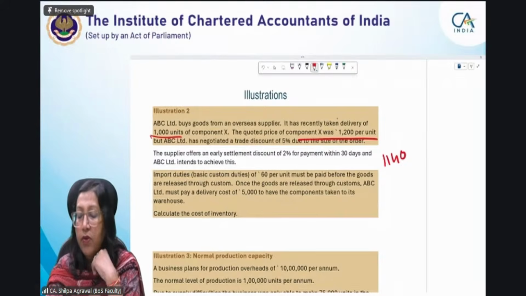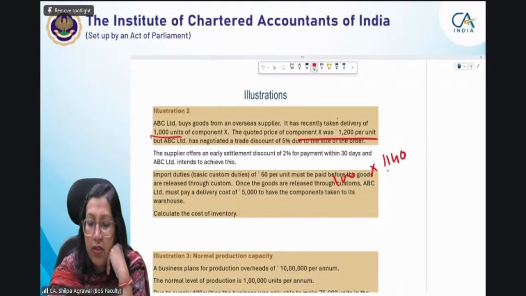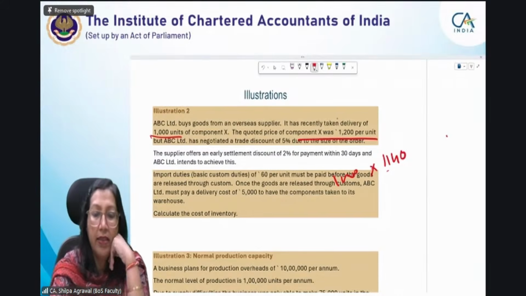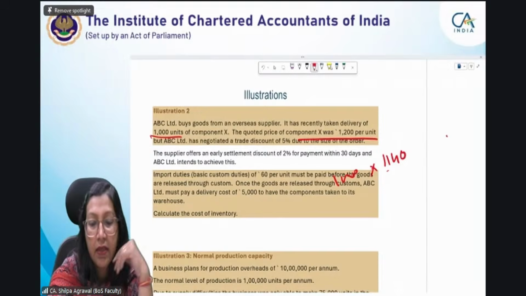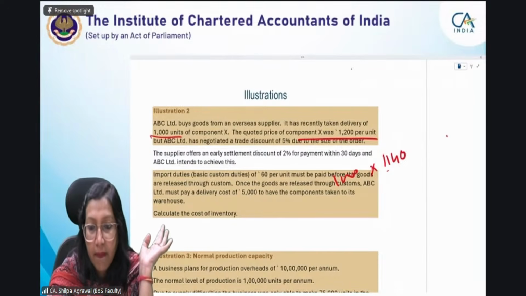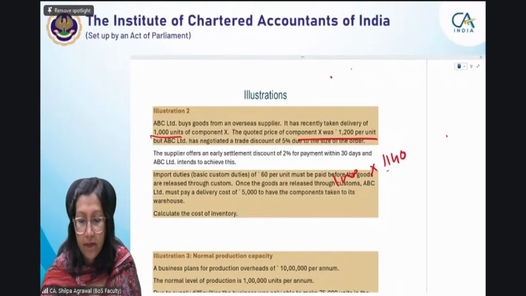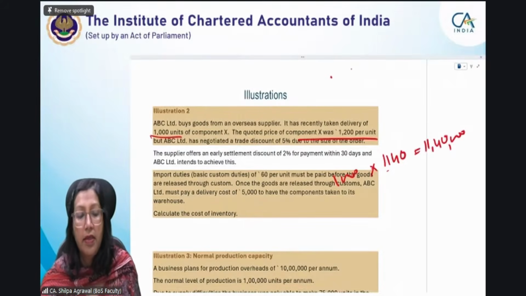So 1200 minus 5% trade discount is 1140 per unit, which is multiplied with your 1000. We'll write it here: 11,40,000. This is the purchase price.